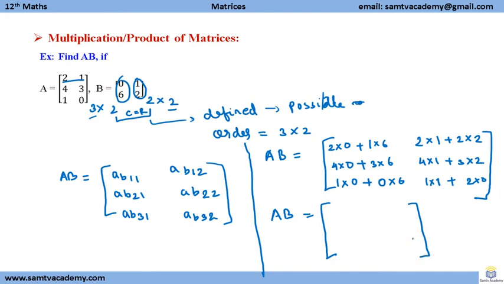We get 0, here we get 6, this we get 4, this is 0, here we get 18, here 6 plus 4 is 10, this we get 0 and this is 1. So this is the answer of the product of matrix AB, whose order is 3 by 2.